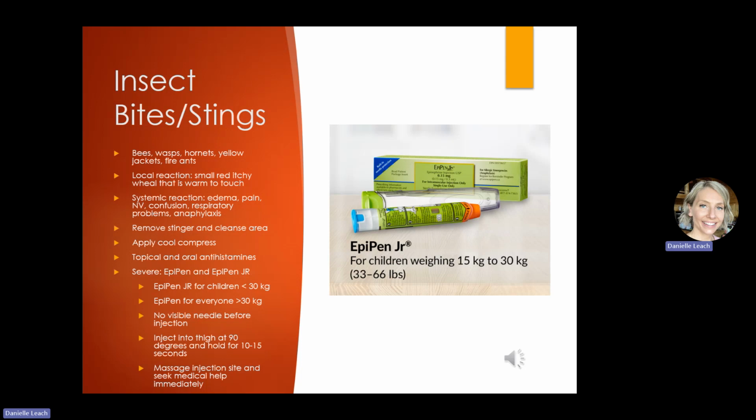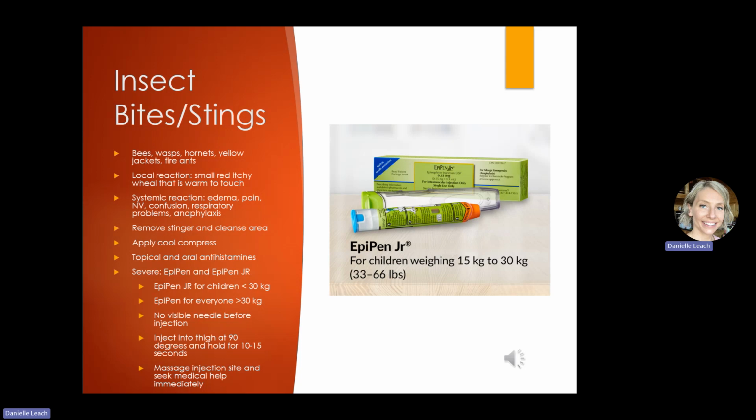If they are allergic or having a severe reaction, just like with food allergies, we can use an EpiPen or an EpiPen Junior. So the EpiPen Junior is for children that are less than 30 kilograms, and then EpiPen is for everyone else that is larger than 30 kilograms.